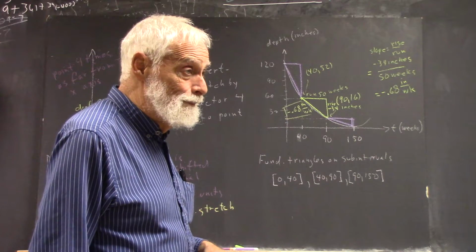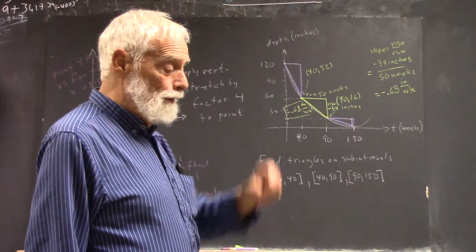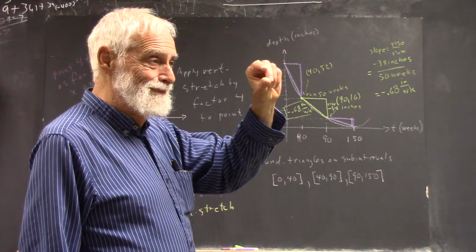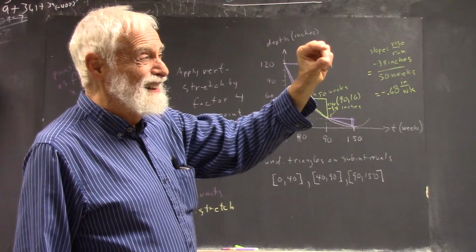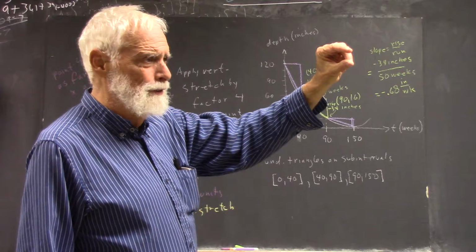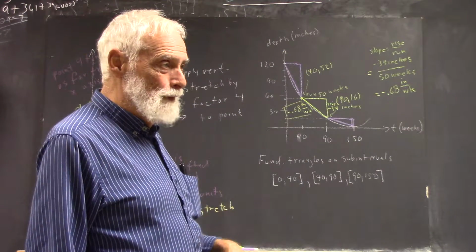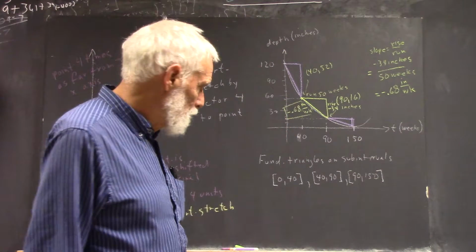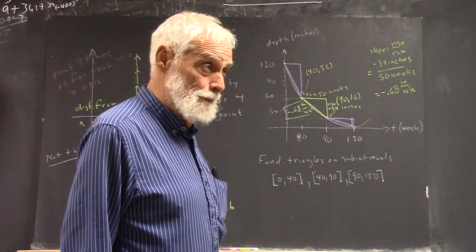It means on the average, the water level changed by about this much, 0.68 inches, and it's going down. You draw a little arrow to represent a negative 0.68 inches. That's your interpretation.